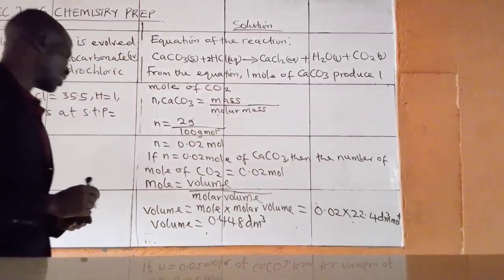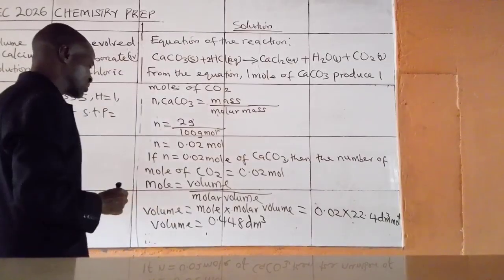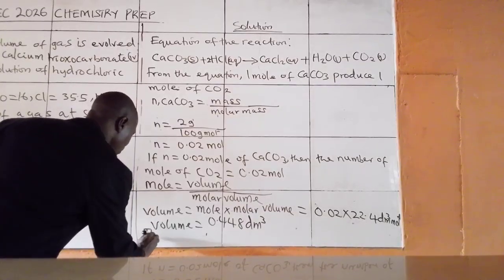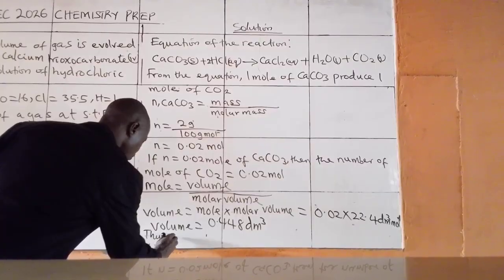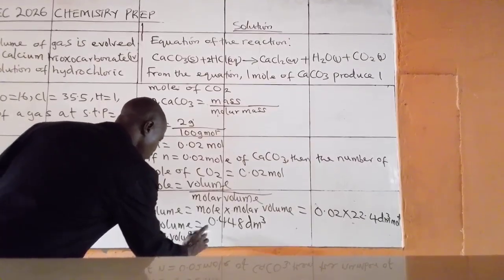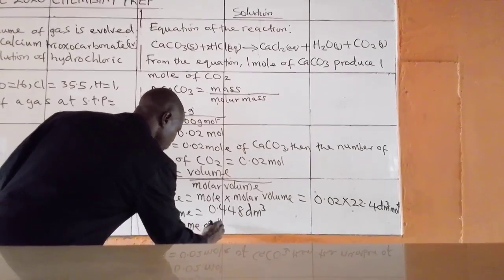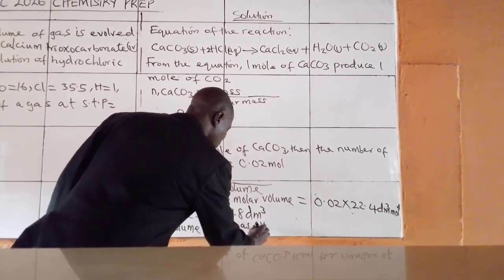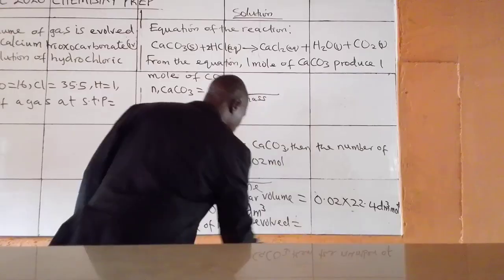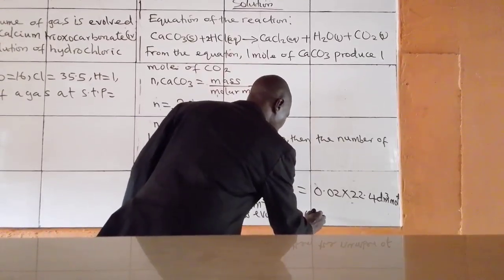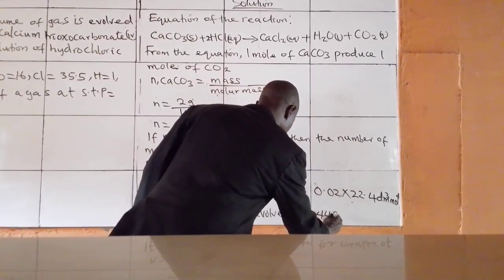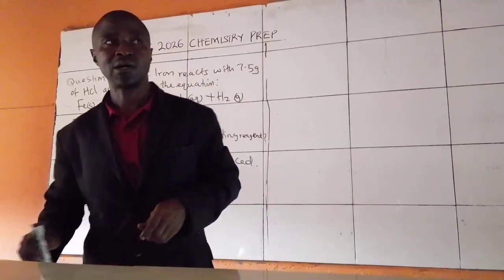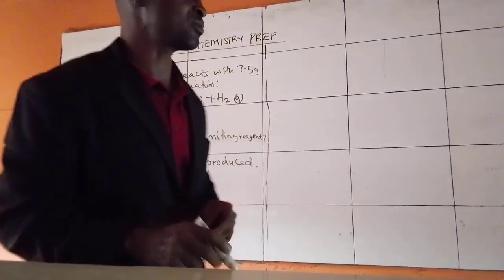And the final answer is 0.448 dm³. Thus, the volume of the gas evolved is equal to 0.448 dm³. I will move to the next question.